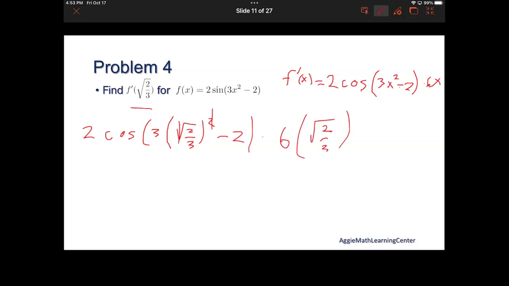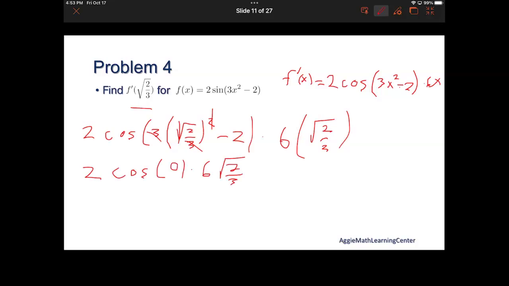So we're left with 2 thirds inside, and the thirds cancel with the 3, since 3 over 3 is equal to 1. 1 times 2 is just 2. So then we're left with 2 minus 2. So that's actually just 2 cosine of 0 multiplied by 6 times the root of 2 thirds.